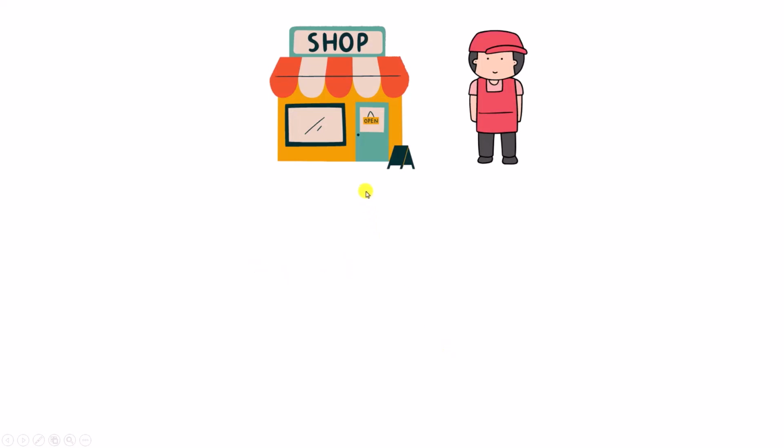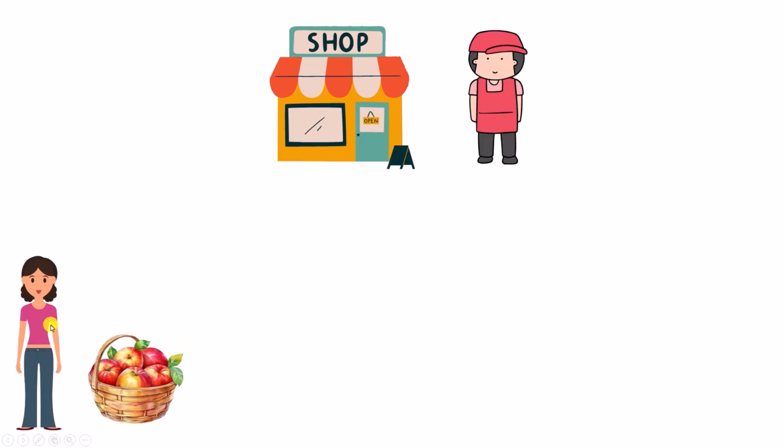This is a shop and this is the shopkeeper. Let us say that this is a vegetable and fruit shop. This is a lady. This lady has grown apples. Now she wants to sell the apples that she has grown. So she goes to the shop and says that she wants to sell the apples for a reasonable price.